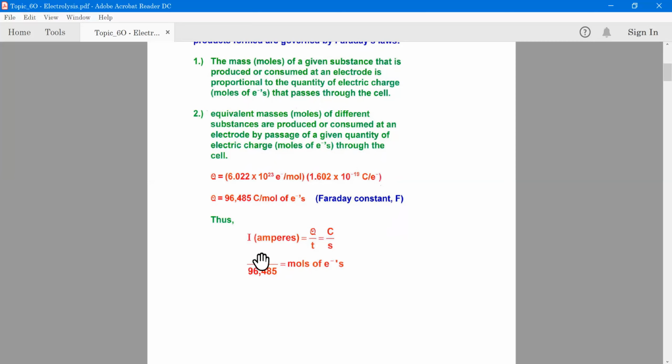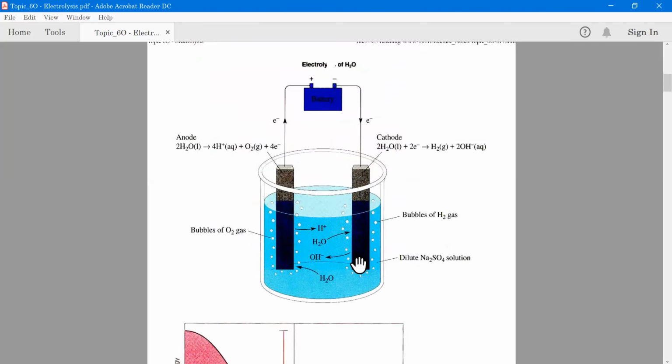You can see that the current times the time that it flows divided by Faraday's constant is the number of moles of electrons that pass through a cell. So if we simply measure the current and measure the time that it flows, we can determine how many moles of electrons have passed, and therefore how many moles of reactants and products were consumed or produced.